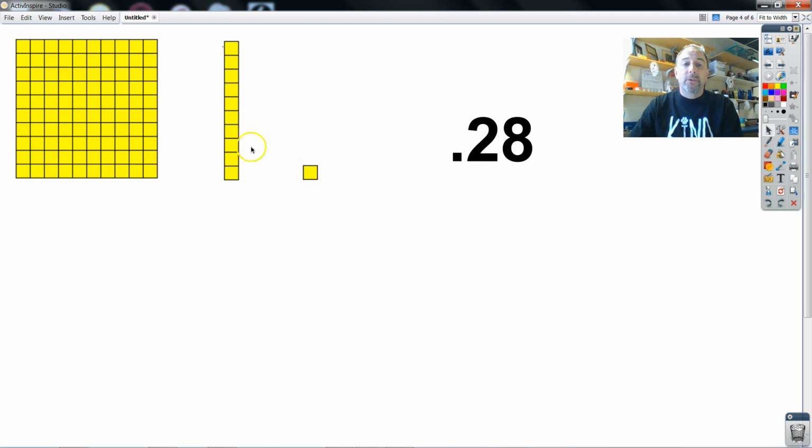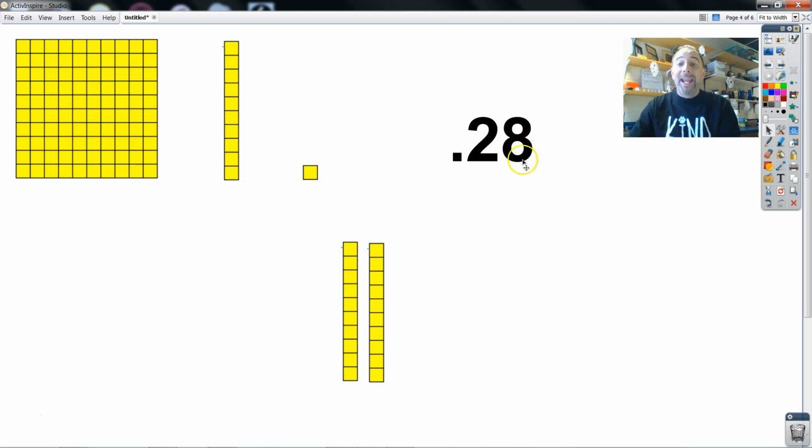Well, I have 2 tenths, so I drag off 2 little bars that are tenths. And I have 8 hundredths. That's right. I'm having a Dora the Explorer moment. 1, 2, 3, 4, 5, 6, 7, and 8. And it is that easy.